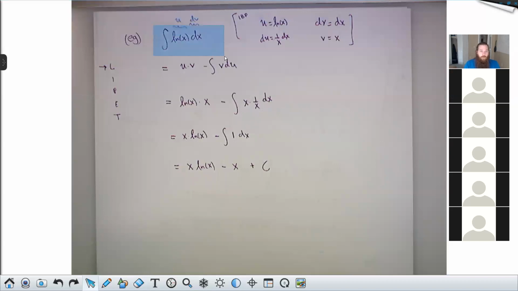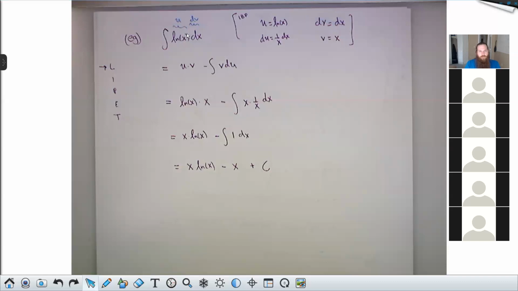So we want to integrate the natural log of x dx. Following our LIPET rule, which tells us how to pick u, we run right away into an L, a logarithm. So I'm going to choose u to be the logarithm. And then dv is always everything else, whatever is left. The only thing left is the dx, so dv is going to be dx.